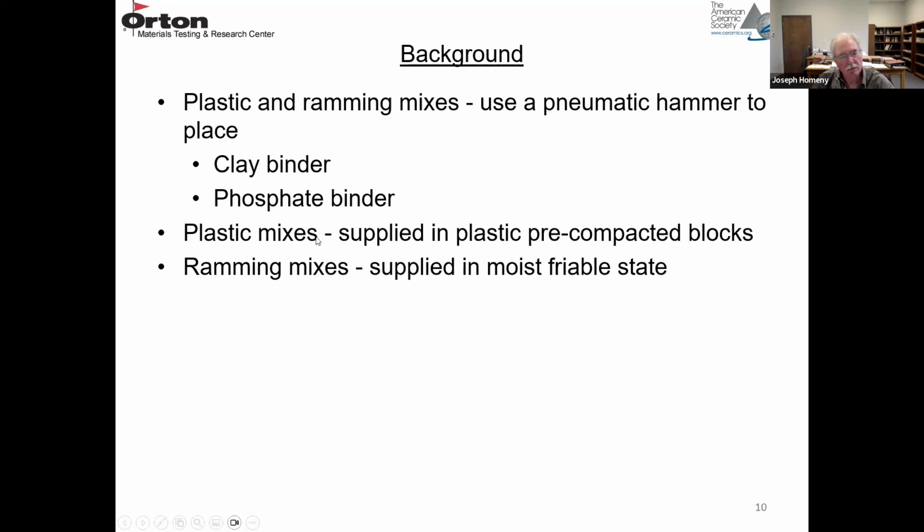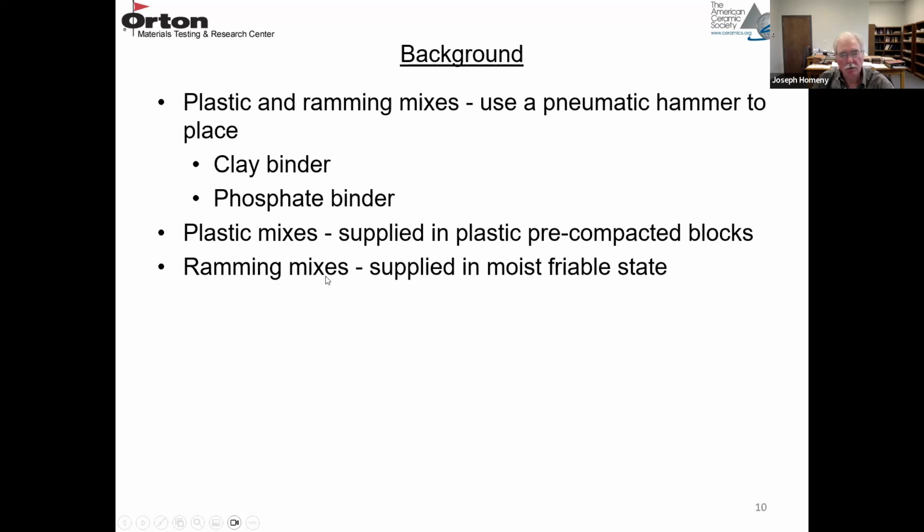The plastic mixes are supplied in a plastic form. They're pre-compacted blocks, usually on the order of a cubic foot. So these are plastic and ready to be installed, and then the lining is built up by using a pneumatic hammer to place them.